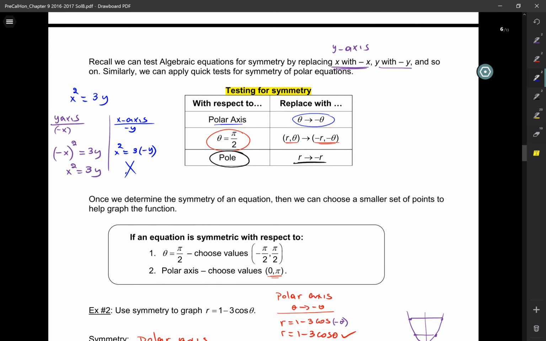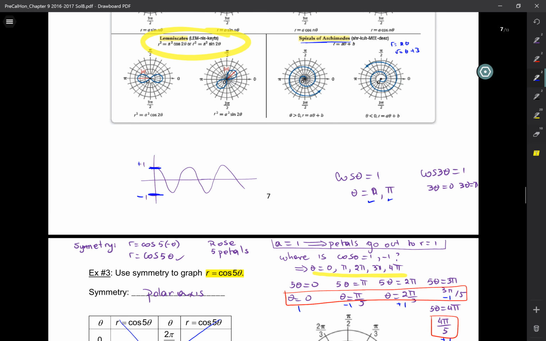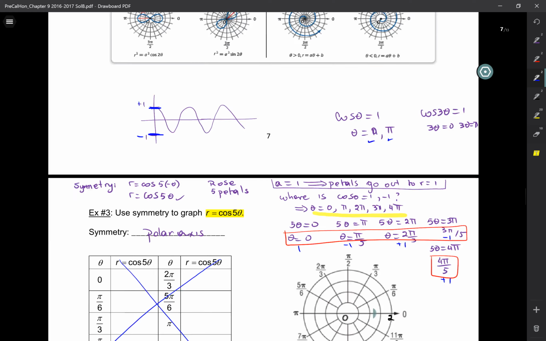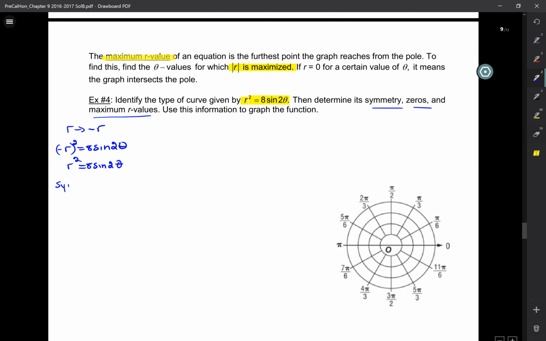If switching R to negative R gets us the same equation back, it's symmetric around the pole. And you can see here, a lemniscate is definitely symmetric around the pole. So symmetry around the pole.